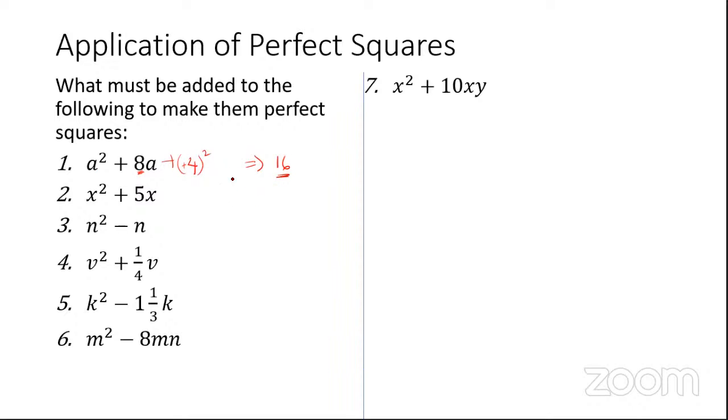And at the same time, you also remember that if you want to factorize that, you just take a and take plus 4. We are expressing it as a perfect square, which gives us (a plus 4) squared. I hope you have not forgotten that.